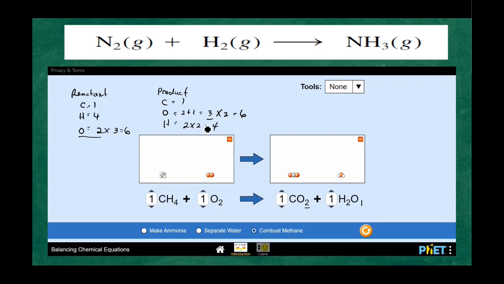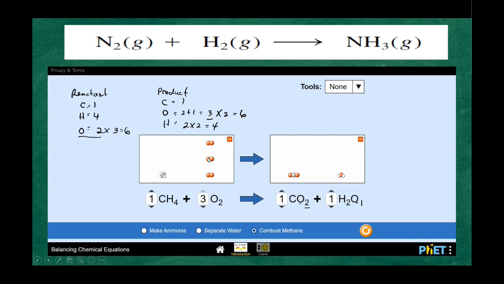That is correct. Carbon is 1 here. However, our oxygen will change. So how? As you can see, we have oxygen here and oxygen here. But here, we have only oxygen. So the other element will not be affected. So let's add 3. So 1 and 3.